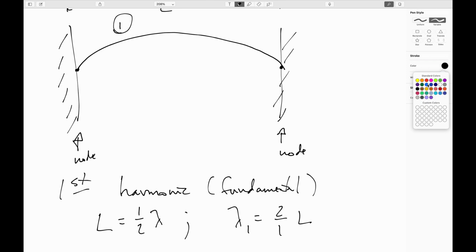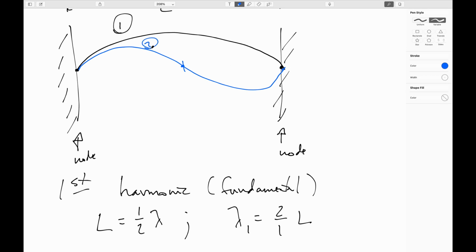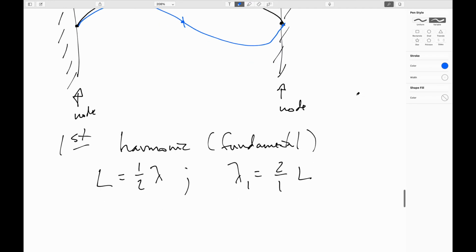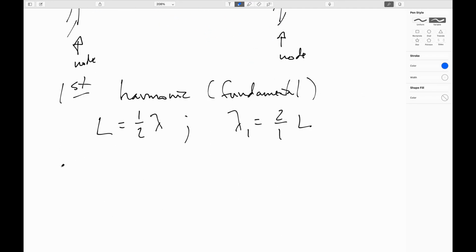All right, what's the next shortest? I can't fit anything longer because I just started at a node and I wouldn't have another node. So I'd have to go with a shorter wavelength. What's the next possibility? Well, the next possibility would be if I could fit in two loops like so. So this would be a node right here. So this is one loop, that's another loop. So this would be the second harmonic.